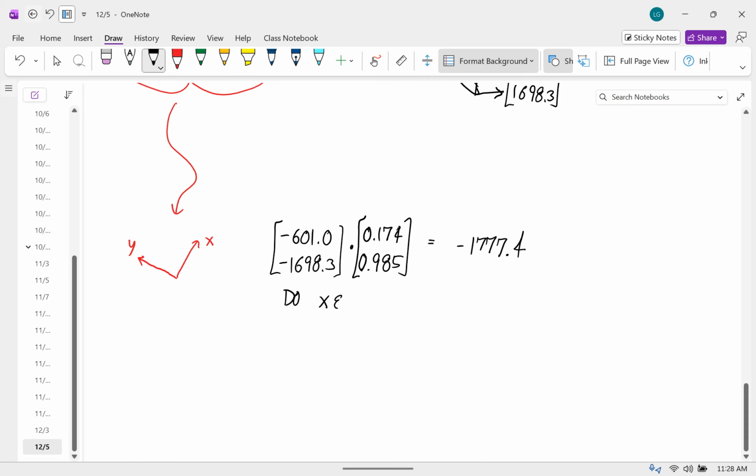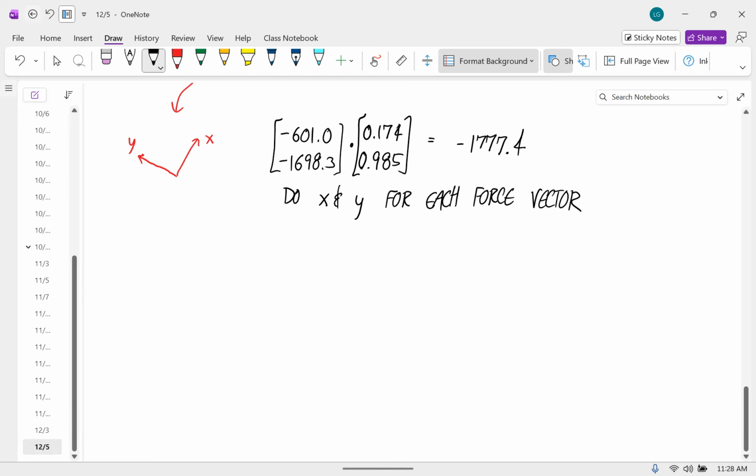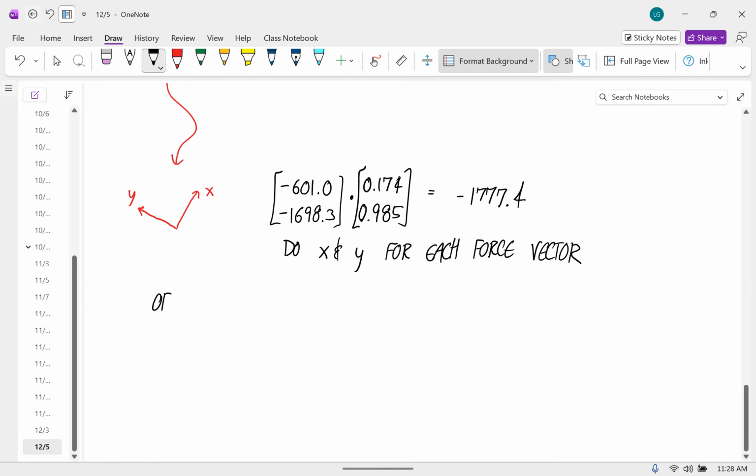So we do x and y for each force vector. Or we could use a rotation matrix, which is so much faster.